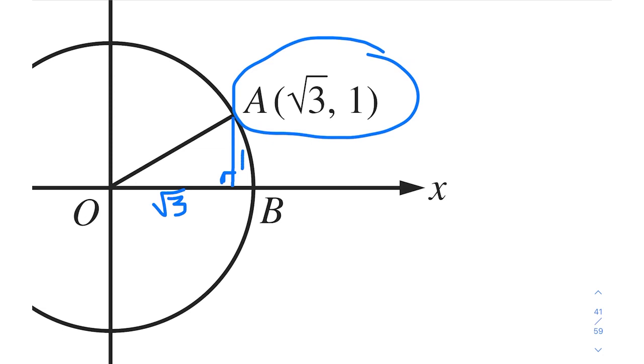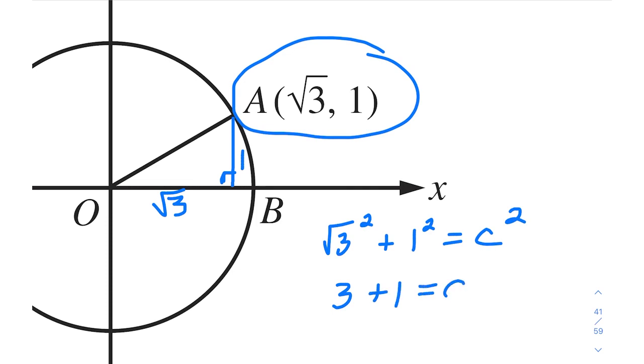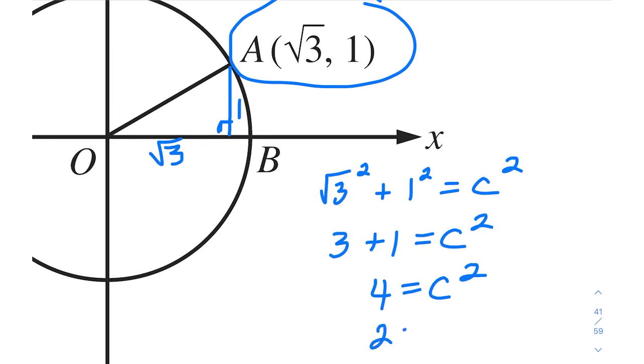If we were to find the hypotenuse of this triangle, we can use the Pythagorean theorem: root 3 quantity squared plus 1 squared equals c squared for that hypotenuse. That gives us 3 plus 1 equals c squared, 4 equals c squared, and the value of c, or the hypotenuse here, would be 2.